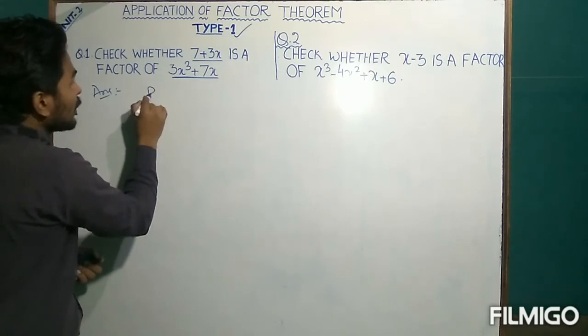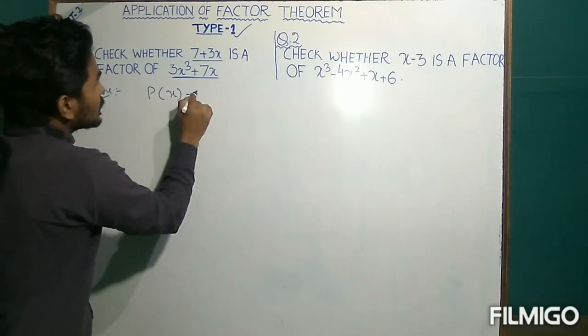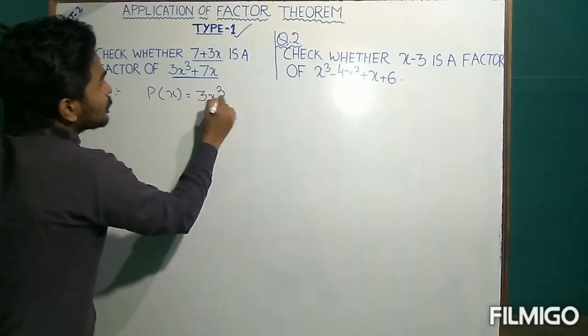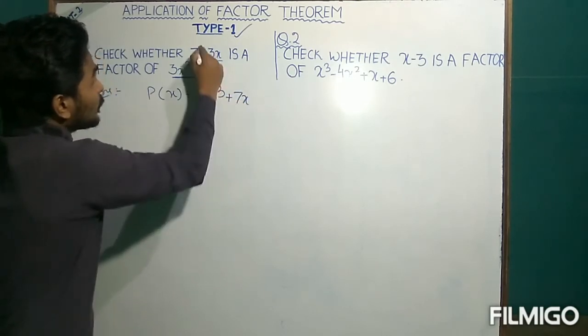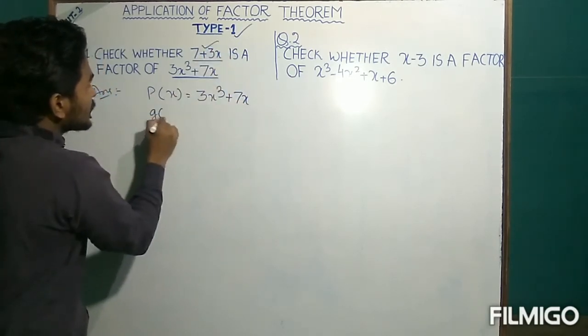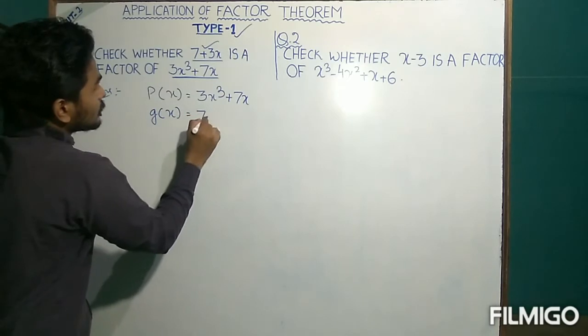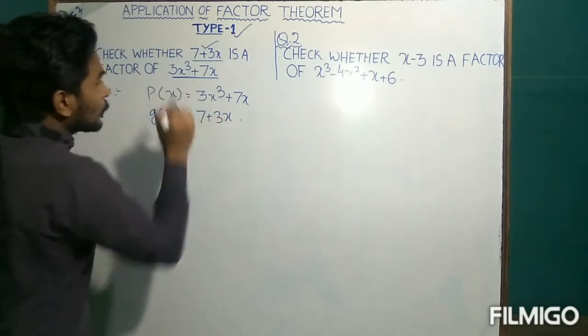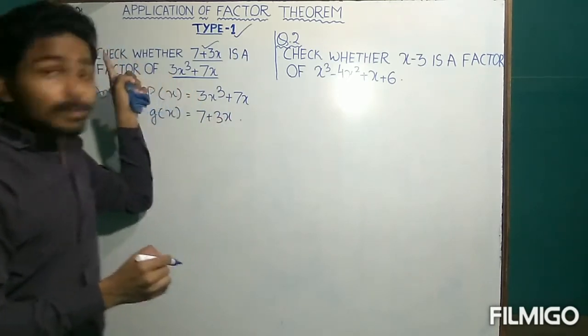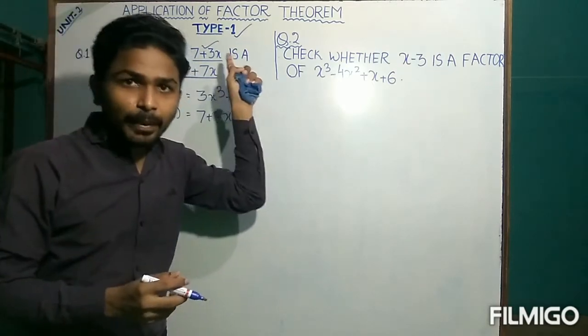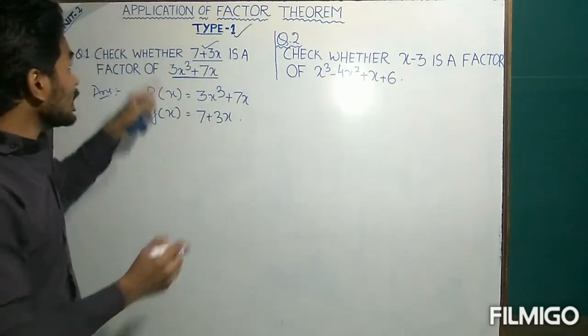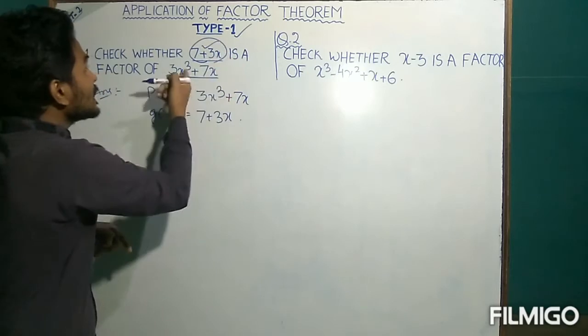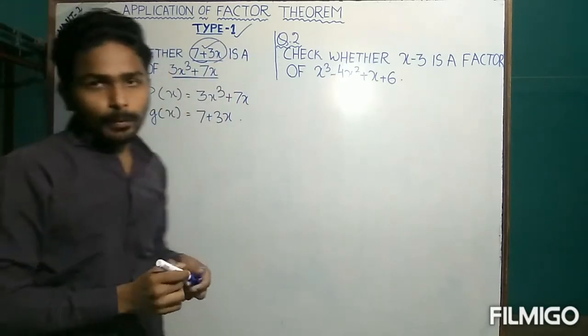We have p of x is equal to 3x cube plus 7x, and we also have the divisor g of x. And what we are going to do is show, verify or check whether this polynomial is a factor of the other polynomial.